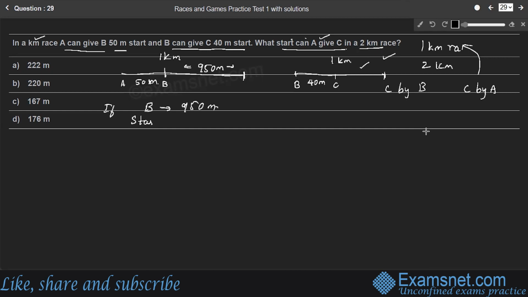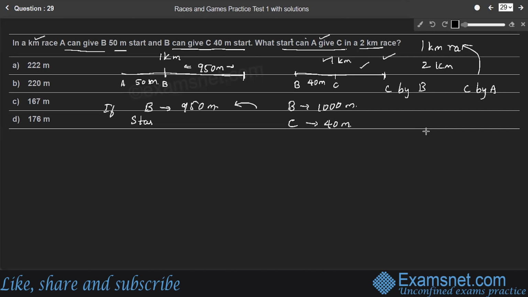How much distance does B have to cover here? 1 kilometer, right? If B is covering 1000 meter of distance, start given to C was 40 meter. Therefore, if B covers 950 meter of distance, what will be the start given to C by B?